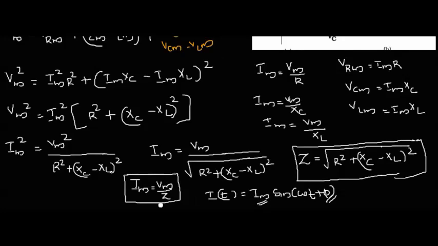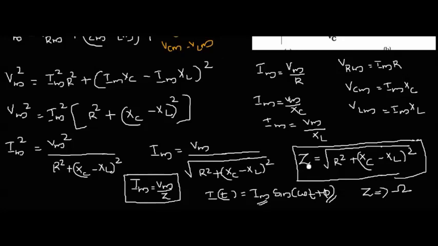The value of Im we found with the help of a phasor diagram, and it was Im equal to Vm by Z, where Vm is the maximum value or peak value of voltage, Z is the impedance in the series LCR circuit, and Z is equal to root of R square plus XC minus XL the whole square. And similar to XL, XC and R, the unit of impedance Z is also ohm.